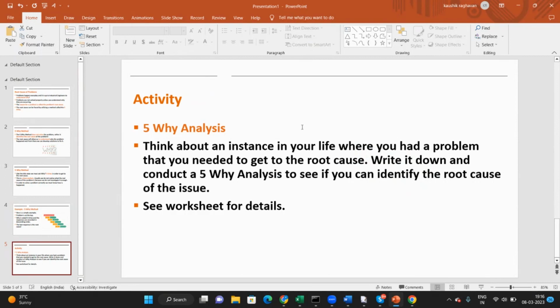You can check whether you are able to go to the root cause or not. Can we do that? It is 7:16. I'll give you 5 minutes. Let us try and do that by 7:20. I will try to hear from one volunteer and then we will go. Please start.